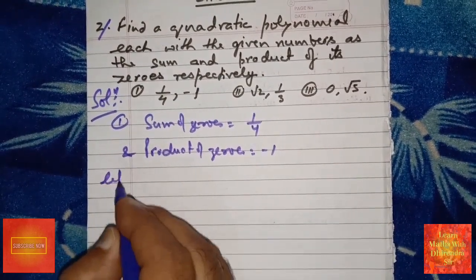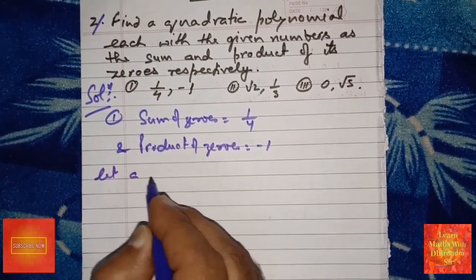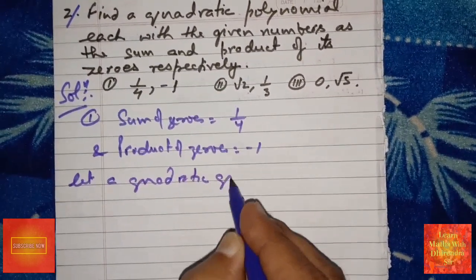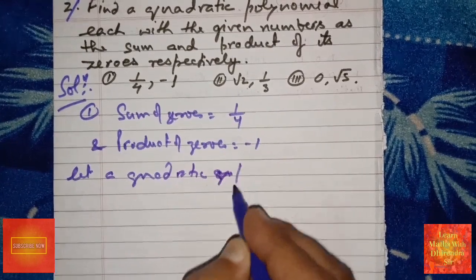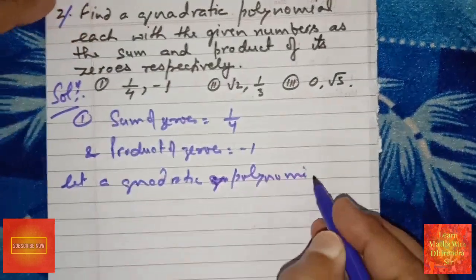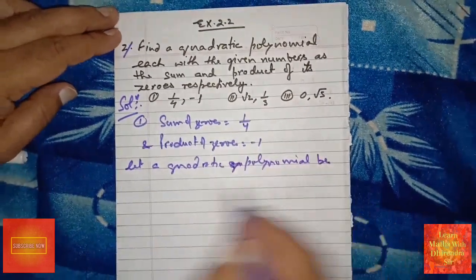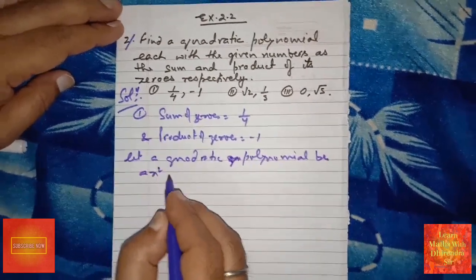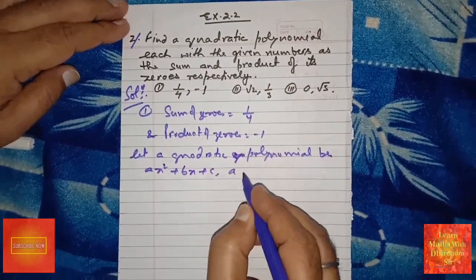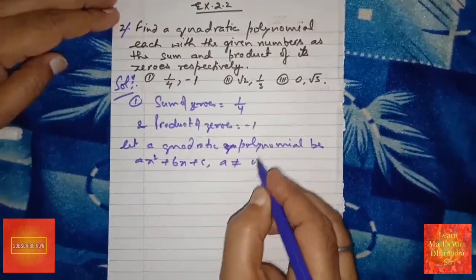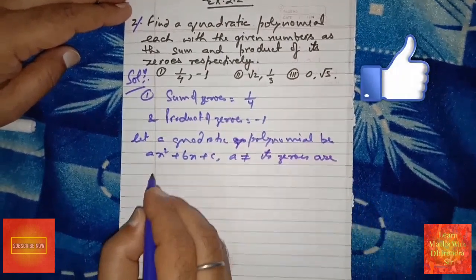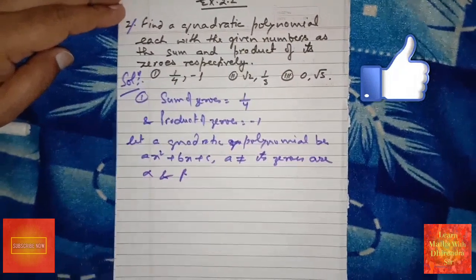For find, let a quadratic polynomial be ax² plus bx plus c, a not equal to 0, its zeros are alpha and beta.